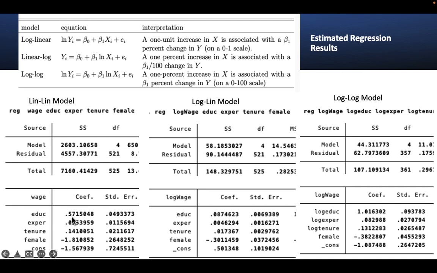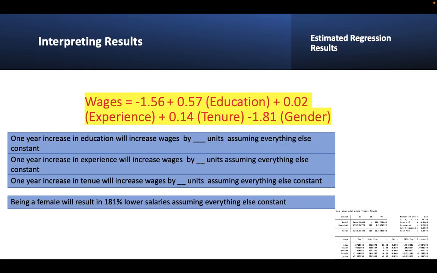When education increased by a unit, wages increased by 0.57 units. You can pause the video over here and take a look at the lin-log and the log-linear representations and see how the way you explain the beta changes in these three scenarios.